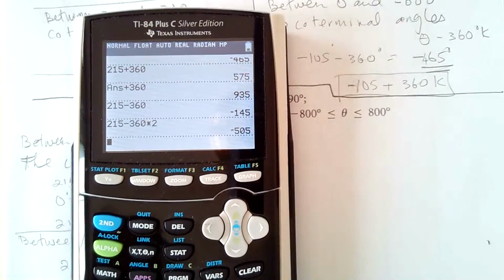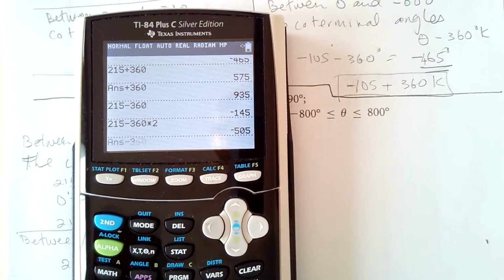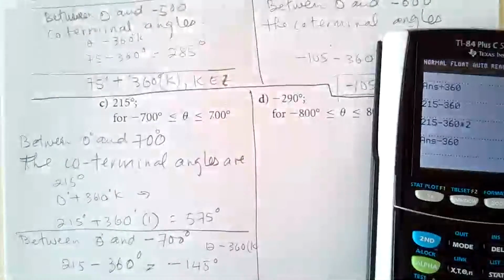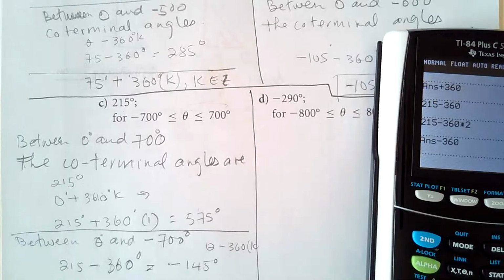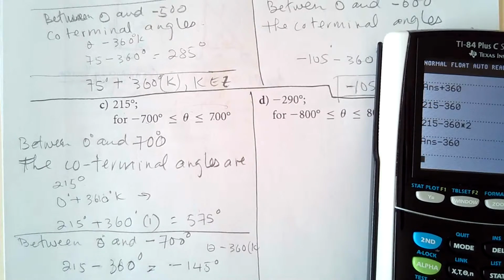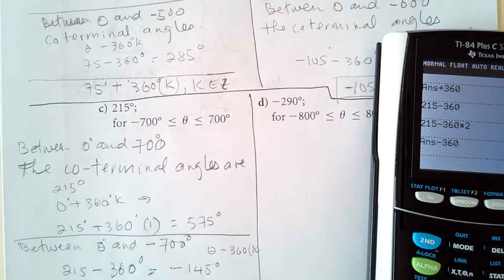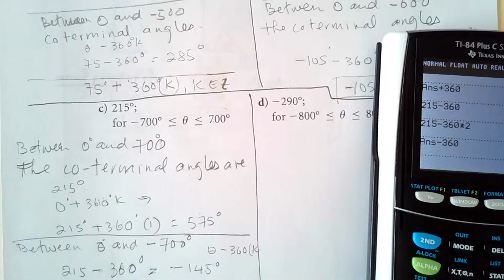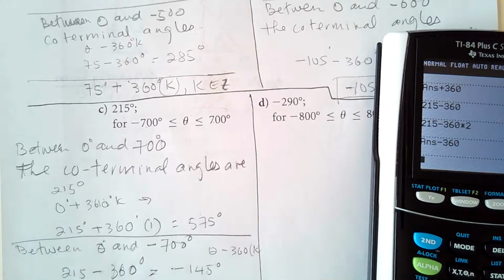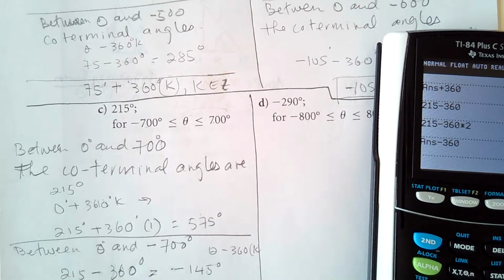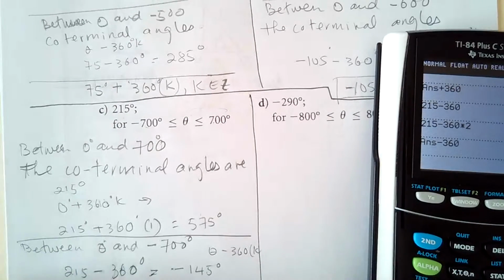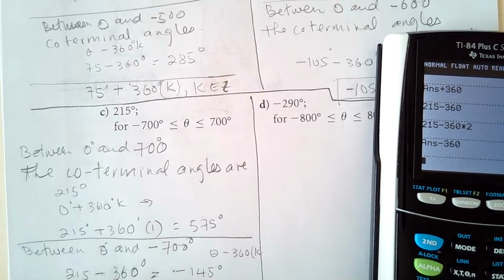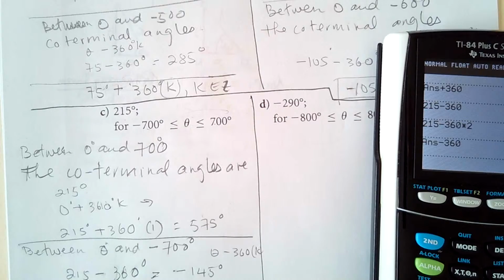If you were to subtract another 360, it's beyond negative 700, so let's stop there. So the general expression here, I should say expression, not equation, would be 215 plus 360 degrees k, where k is an element of integer.